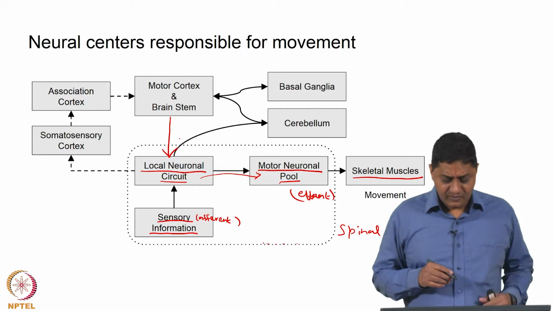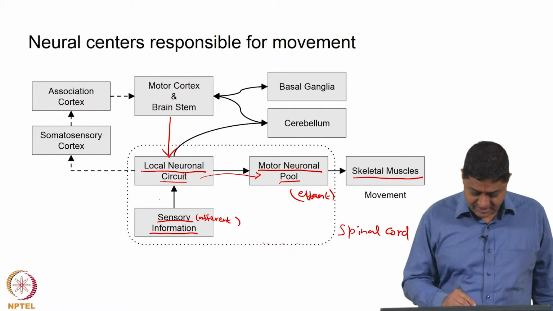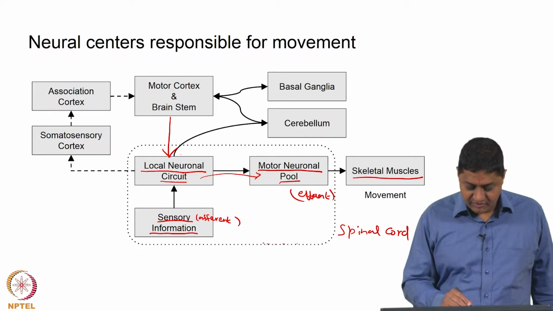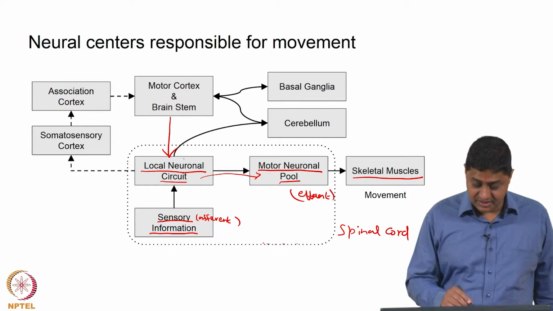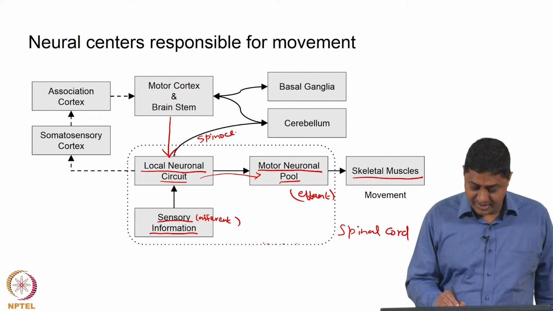Okay. Importantly, sensory information from the spinal cord reaches two places. We discussed these two cases also. One is this pathway, that is the spinocerebellar pathway.